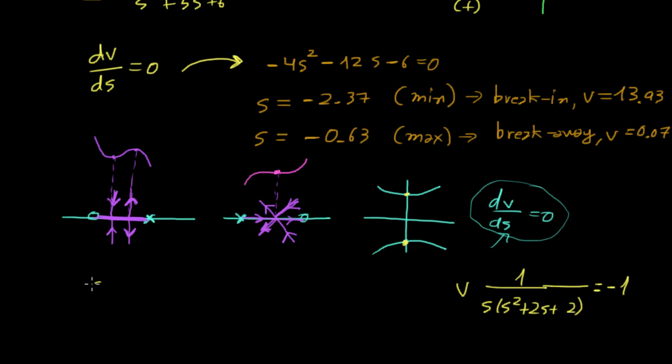But that never happens when dv over ds equal to 0 has solutions in the real axis. When those solutions are in the real axis, they're always either a break-in point or a breakaway point, which may belong to the positive or the negative root locus.